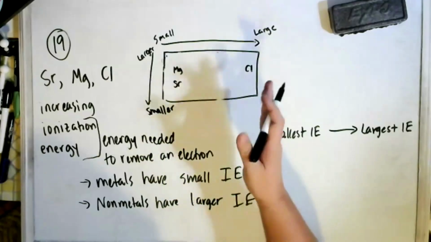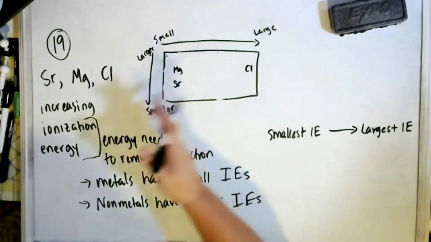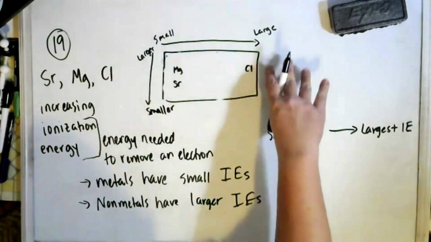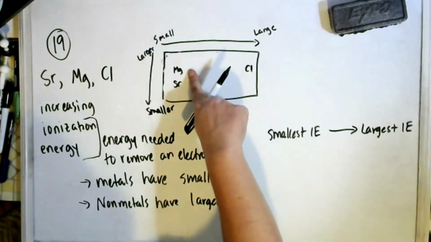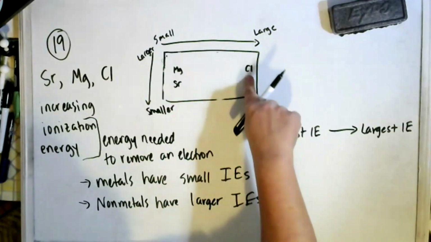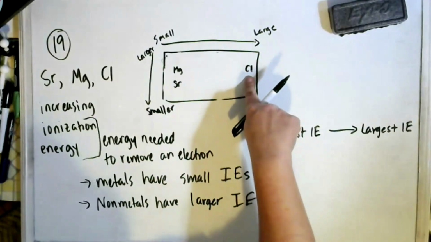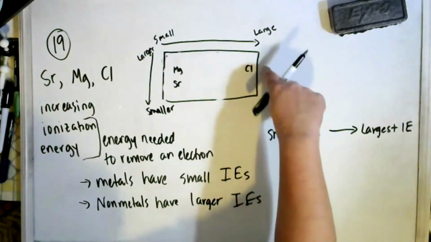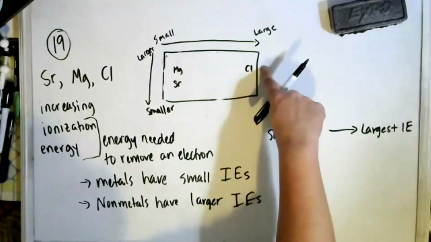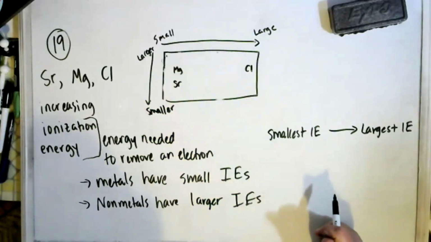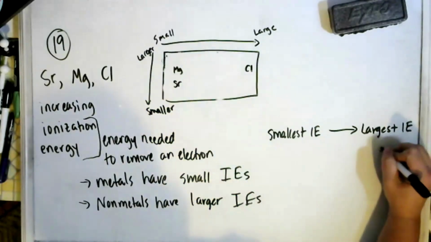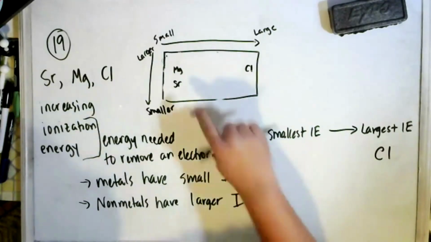So first, we can look between our left side and our right side. Chlorine versus magnesium and strontium, that's going to have the largest ionization energy. It's furthest to the right, and it's as far up as magnesium is. So our largest ionization energy is going to be chlorine.